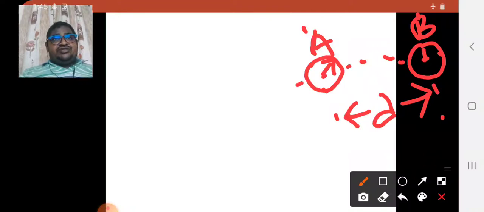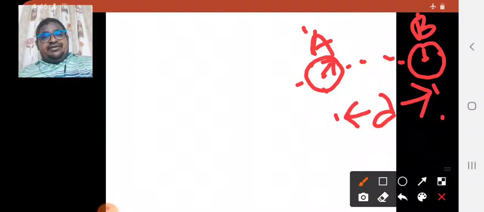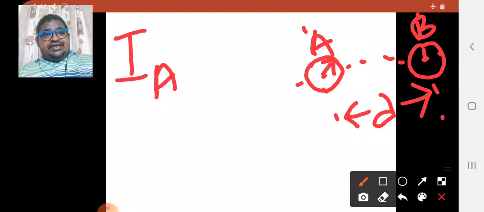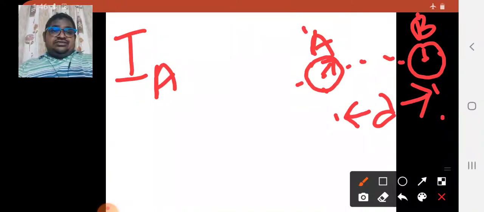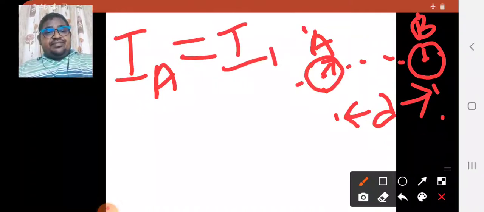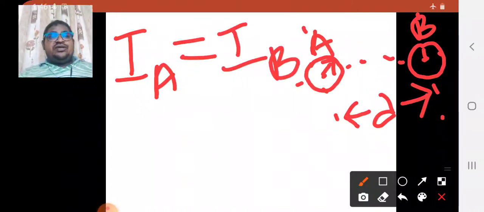Consider the single phase overhead line consisting of two parallel conductors A and B spaced d meters apart, as shown in the figure. Now conductors A and B carry the same amount of current. The current carried by conductor A is IA, and the current carried by conductor B is IB. These two are the same magnitude, because this is a single loop and the same current has to flow.